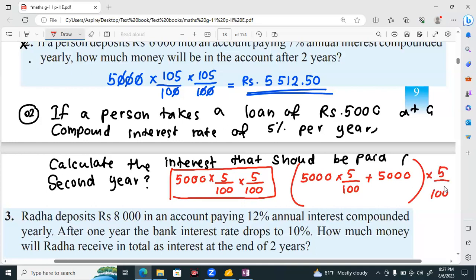Okay, yes, it's also correct. It doesn't matter. But the 5 is right for the first year. Yes, that is also fine, no problem.